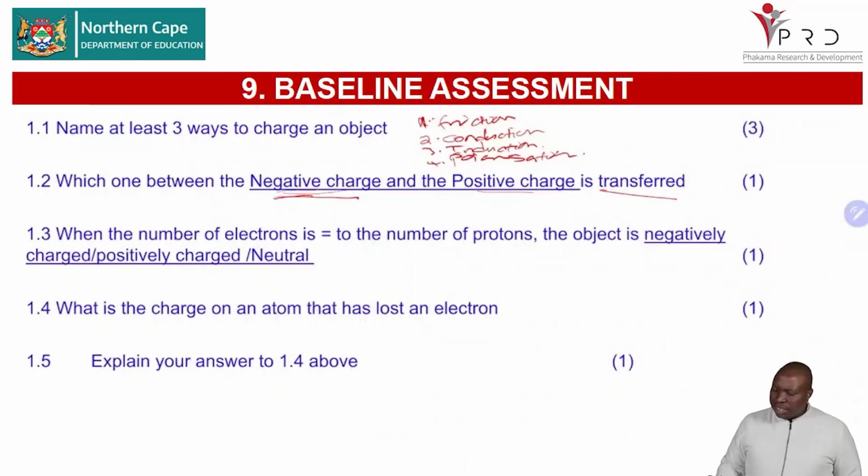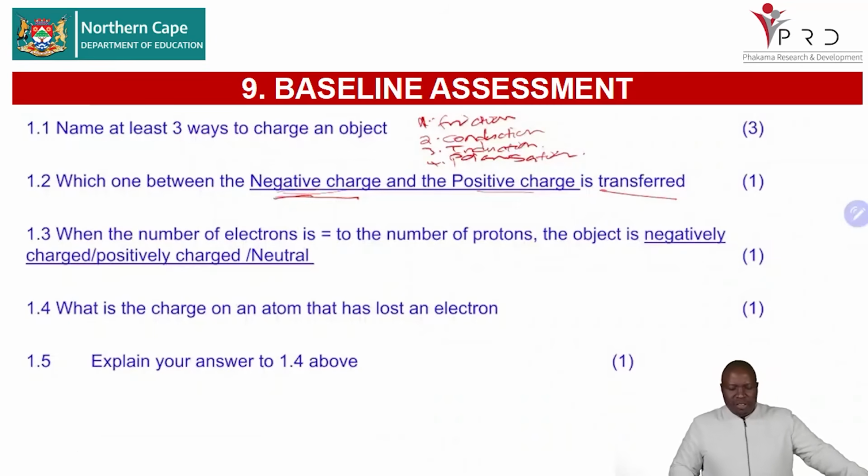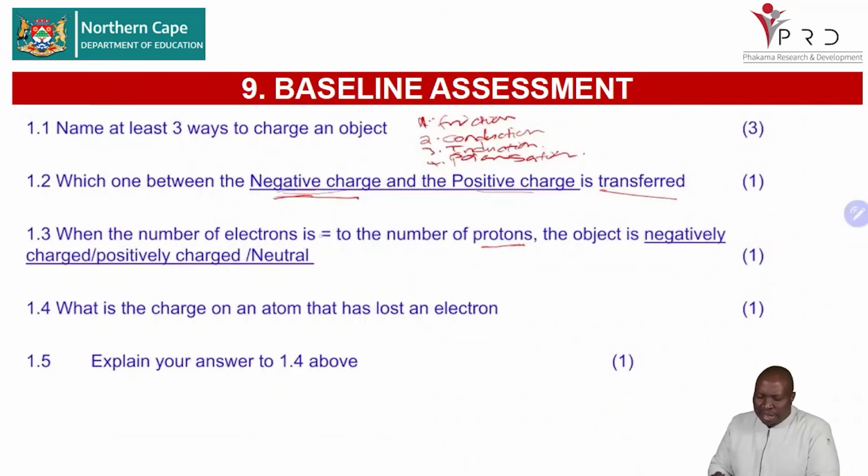Now, on 1.3 then, we're saying when the number of electrons is equal to the number of protons, the object is said to be negatively charged, positively charged, or neutral. So that is important as well. Remember, electrons are negatively charged.